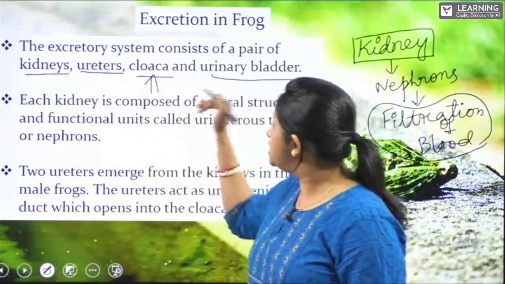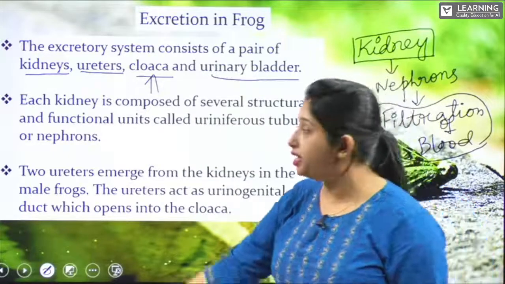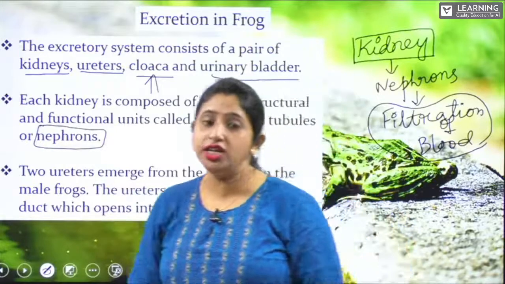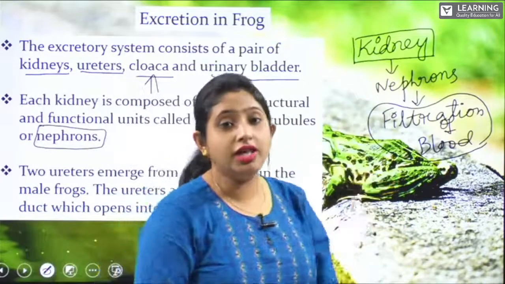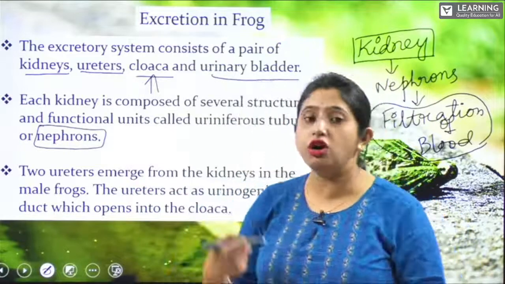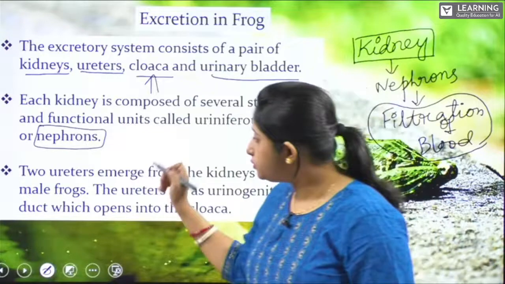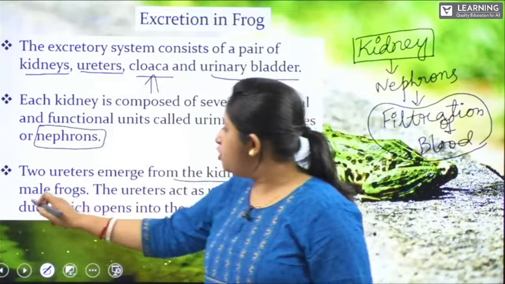Each kidney is composed of several functional units, as I have said, that are known as nephrons, which are responsible for the filtration of the blood. Two ureters emerge from the kidney in the male frog.